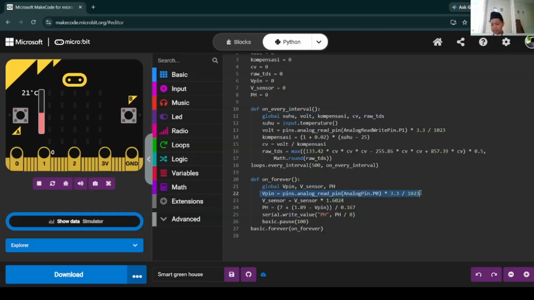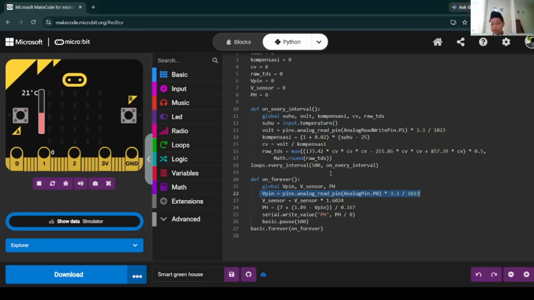And I read this line. It is also a formula that reads analog voltage from the pH sensor connected to pin 0, and it will convert it into voltage.